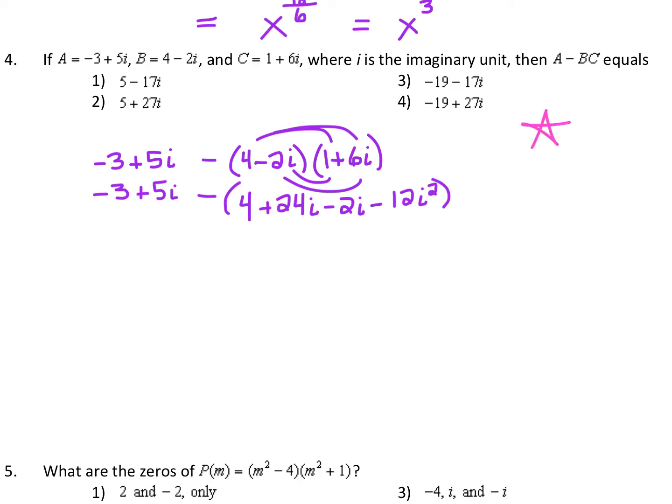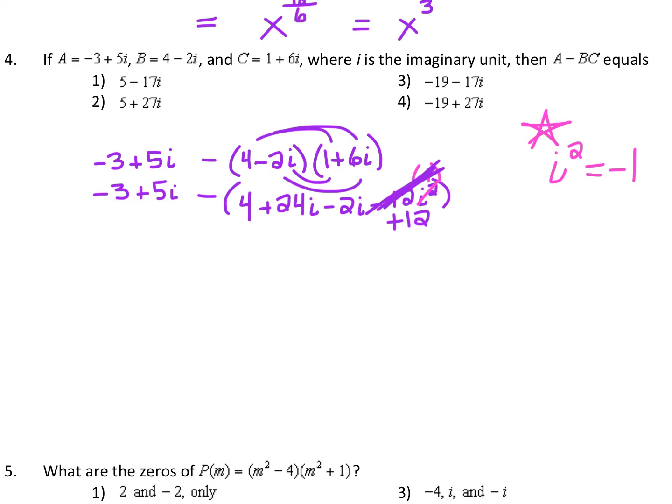I'm going to put a star next to it. i squared equals negative 1. So, technically, isn't this i squared just equal to negative 1? So since negative 12 times negative 1 gives us positive 12, I'm going to just cross this off. This is going to be a plus 12 at the end of our parentheses.